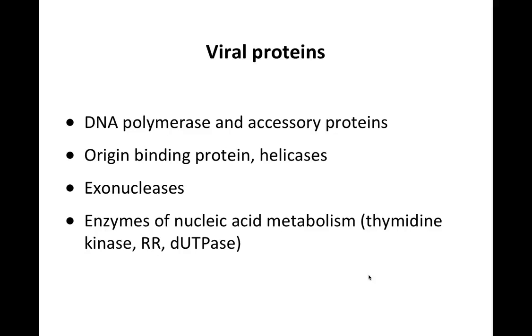When you want to replicate a double-stranded DNA, you have to unwind it to get the two strands separated. That enzyme that does that is called a helicase. There are exonucleases that chew away the ends of DNA for various purposes, and then all sorts of enzymes of nucleic acid metabolism that are involved in synthesis, for example, of the triphosphate precursors.